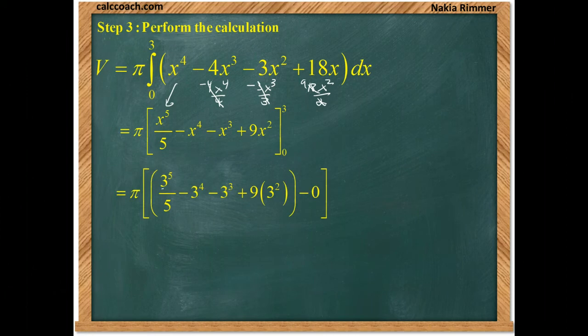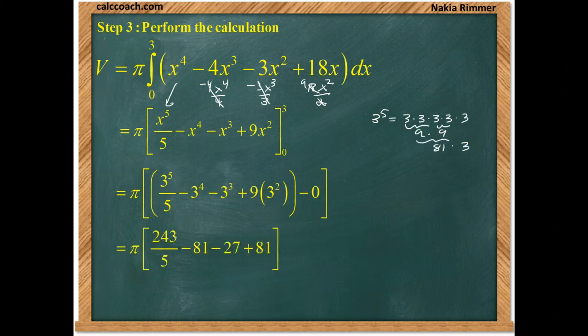Here's my recommendation. We have a 3 to the 5th, and a 3 to the 4th, and a 3 cubed, and a 9 times 3 squared. I kind of overdo it, but I think it's good to write it out like this first before you expand the powers out. Okay, 3 to the 5th is, if you don't have a calculator, I would do it like this, where I do 9 and 9, that's 81, and then 81 times 3 is 243.